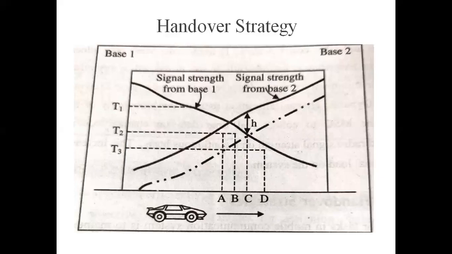Sometimes it may happen that prediction techniques base the handover decision on the expected future value of the received signal strength, where we need to calculate what can be the expected future value of upcoming received signal strength.